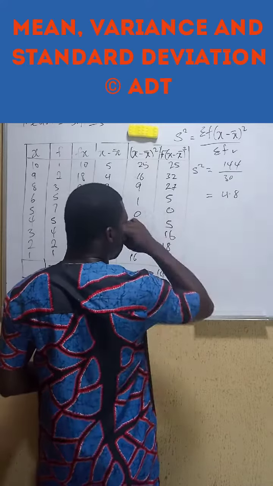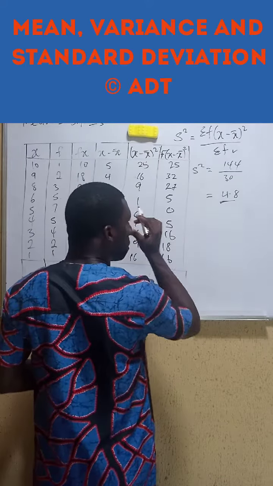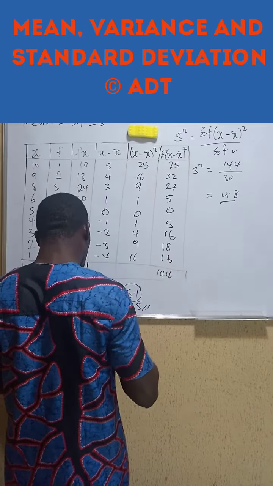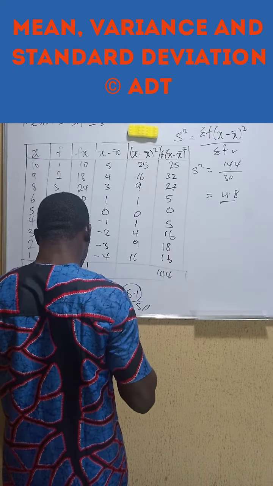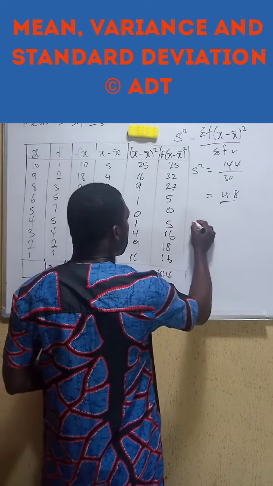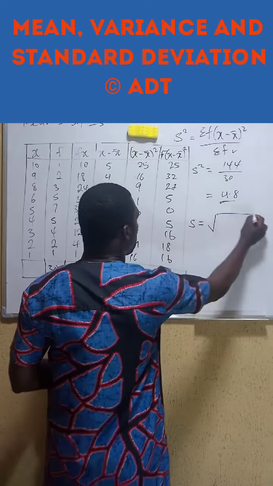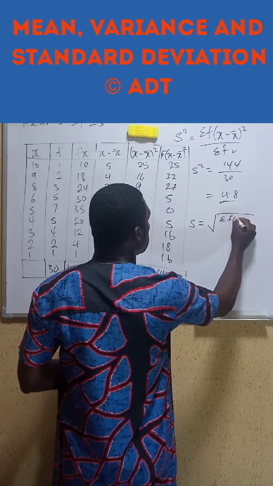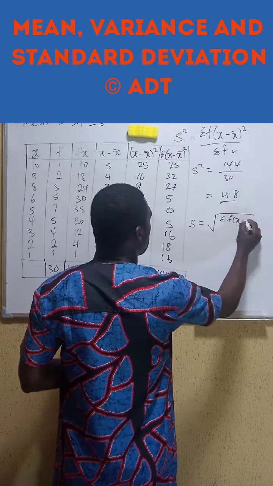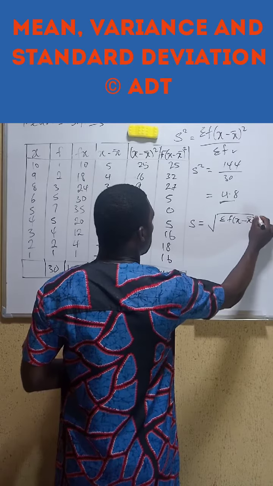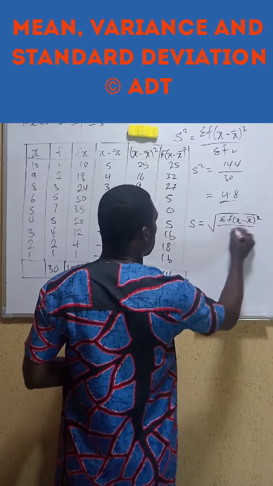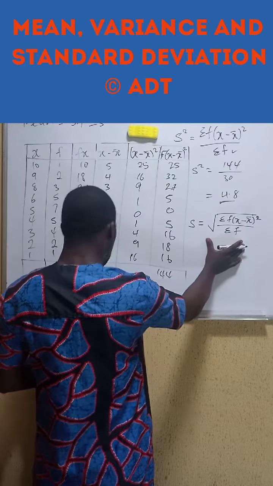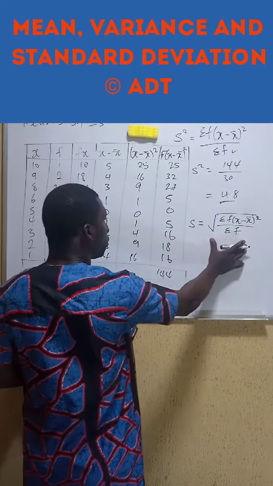So that's the variance. And then we also have another formula, which is for the standard deviation. The standard deviation is the square root of the variance. This will be used for the standard deviation in this question.